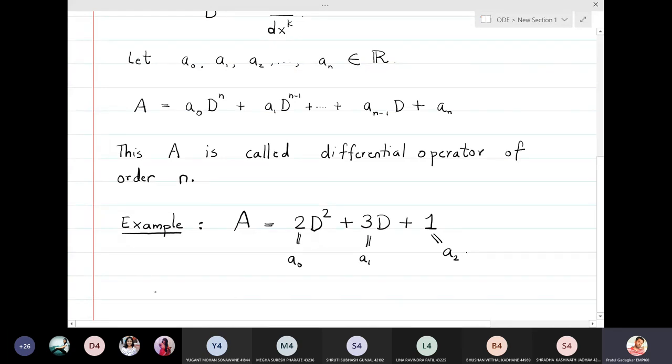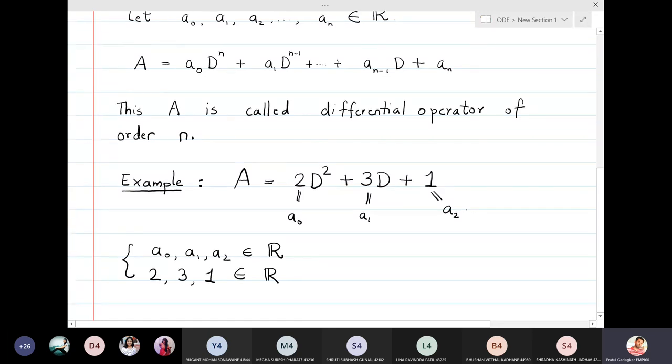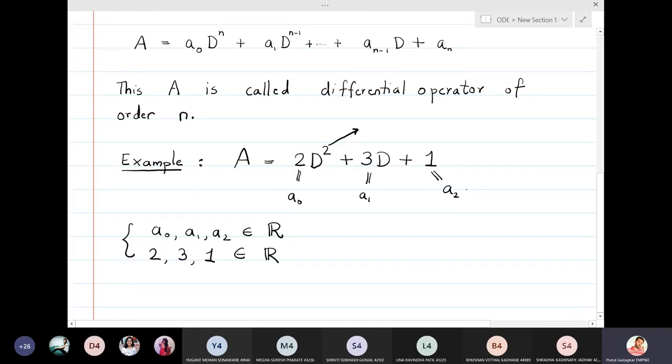So three constants. What are a0, a1, a2? They are real numbers, namely 2, 3 and 1. So A is a differential operator of order 2.